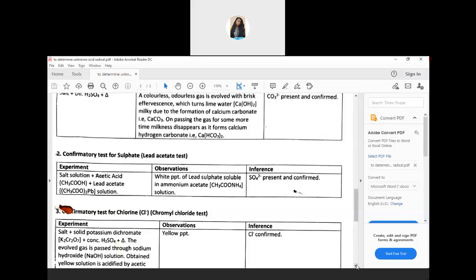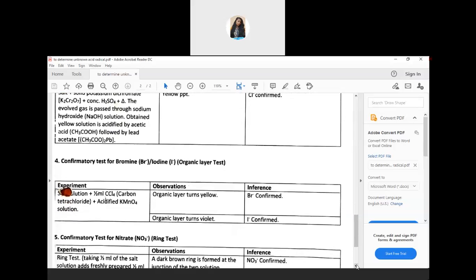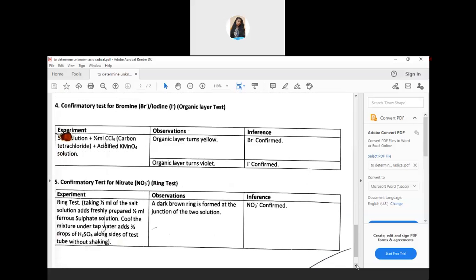Okay, so confirmatory test for chloride ion. Next, bromide ion. Next, confirmatory test for nitrate ion. Nitrate ion you can confirm from the wet test. So here again they have given the ring test. In the wet test we have done this ring test, so there is no need to do this confirmatory test for nitrate ion because we have confirmed it in the wet test only.